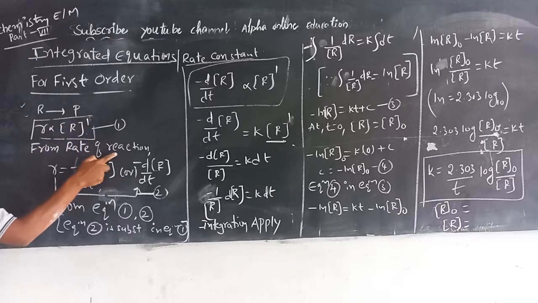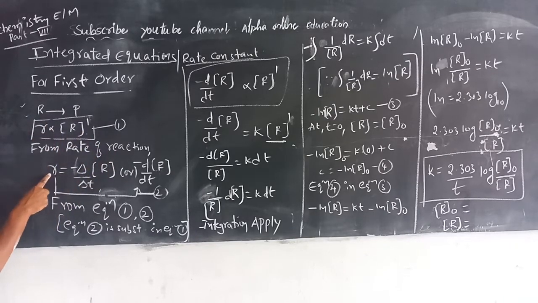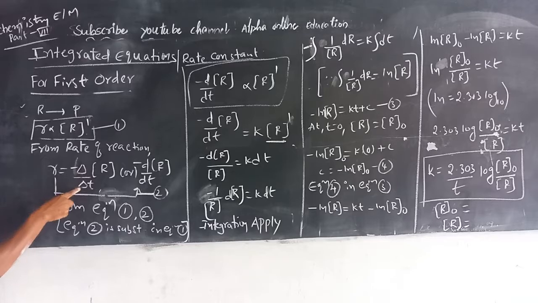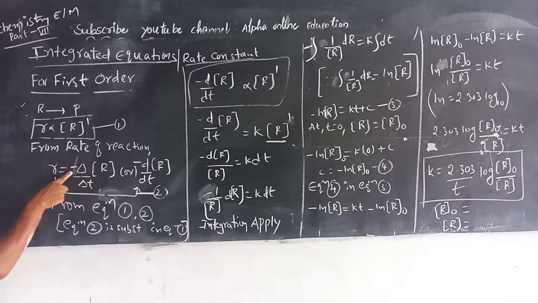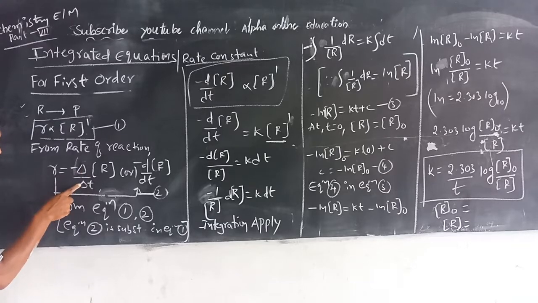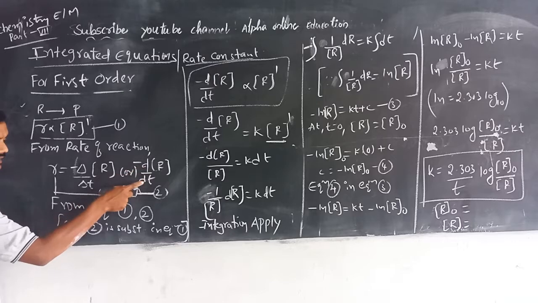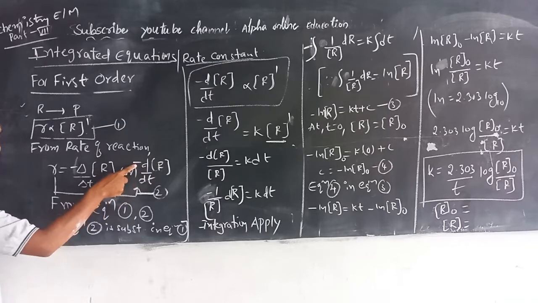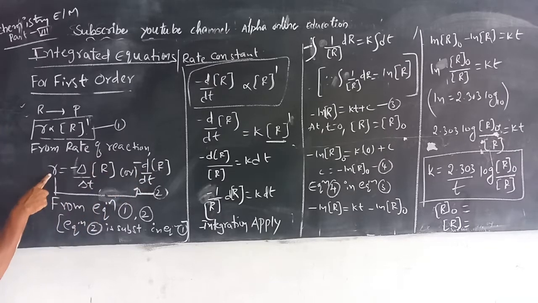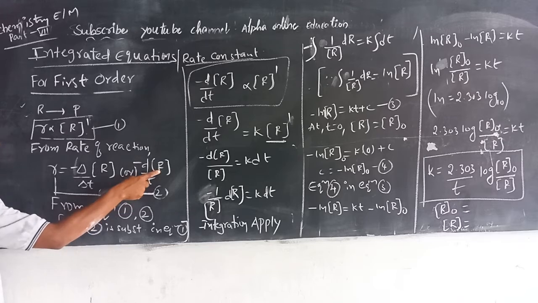According to the definition of the rate of reaction, the rate of reaction R is equal to delta by delta t of the reactant concentration with the negative sign. In place of delta we use d, so R is equal to minus d by dt of the reactant concentration.